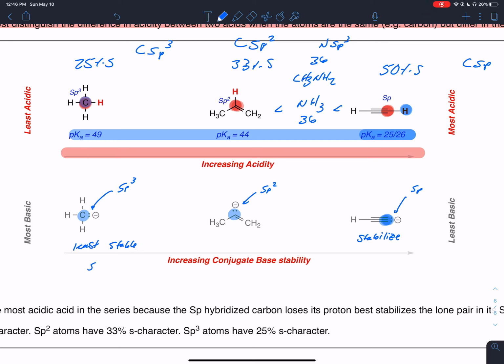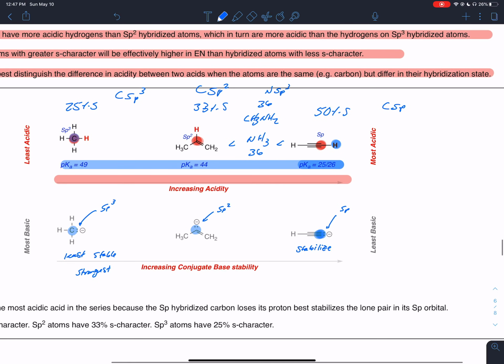If it is the least stable, it is the strongest base, and if it is the strongest base, then it has the weakest conjugate acid. Again, we'll use stability of the conjugate base to then make a comparison in the acid strength. Okay, so you might pause your video here and just jot all this down.